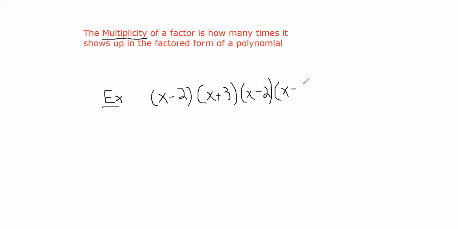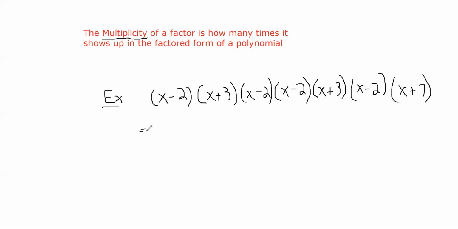And it's going to be a long one. Let's say this is the fully factored form of a polynomial. Look, the factor x minus 2 shows up 1, 2, 3, 4 times.